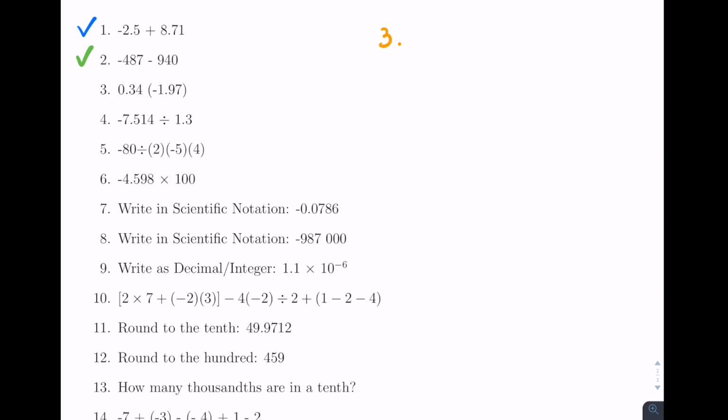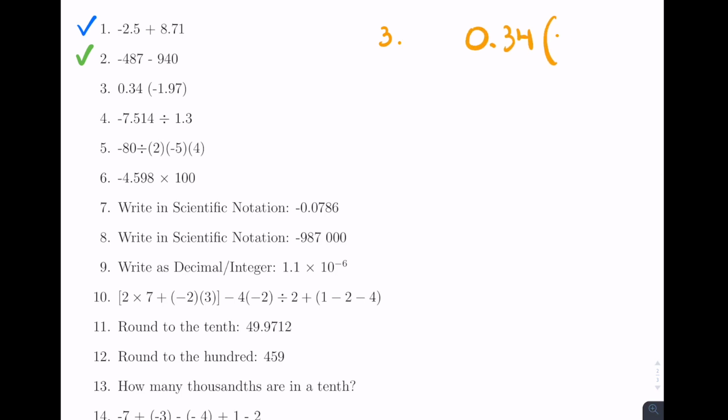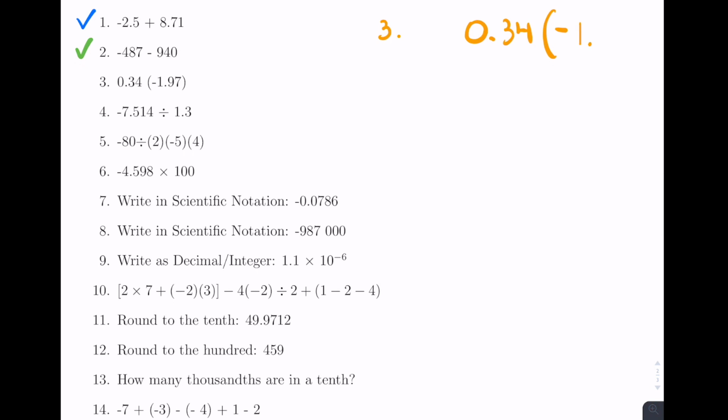Here I have a multiplication question of a decimal. Right away, I know that because the first number is positive and the second number is negative, my answer will be negative. I can drop the negative for the moment.